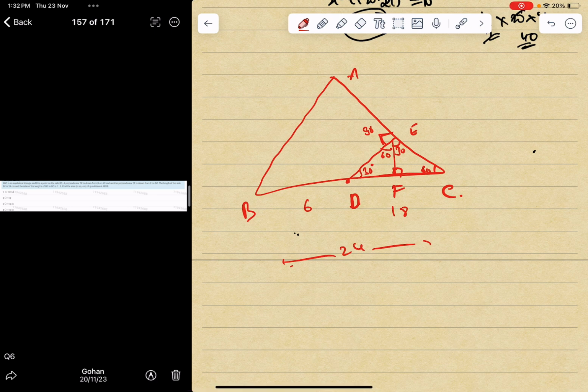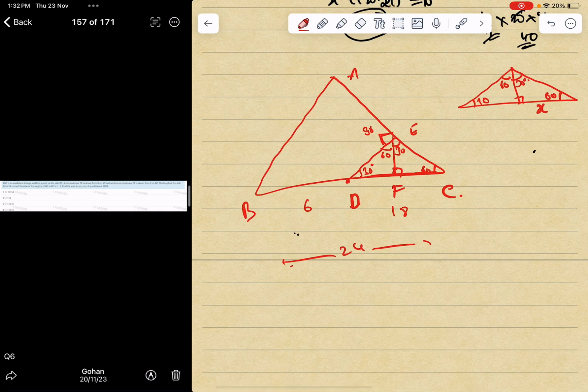This complete is 18, we know. Let us draw this separately. This is 60, this is E, this is 60 over here, this is 30 here, and this is 30 here.